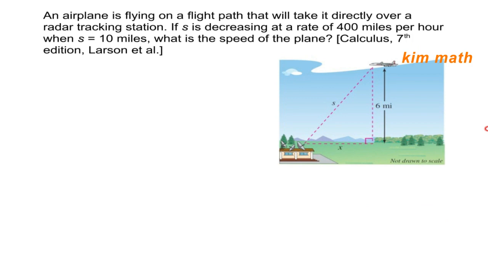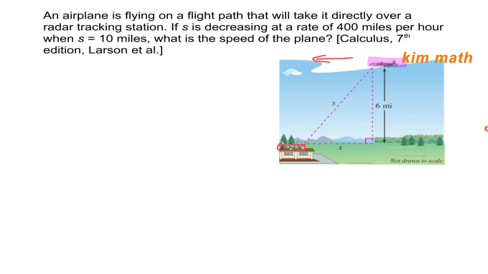An airplane is flying on a flight path. I believe the flight path is this way. That will take it directly above the radar tracking station. In this picture, this is the station.